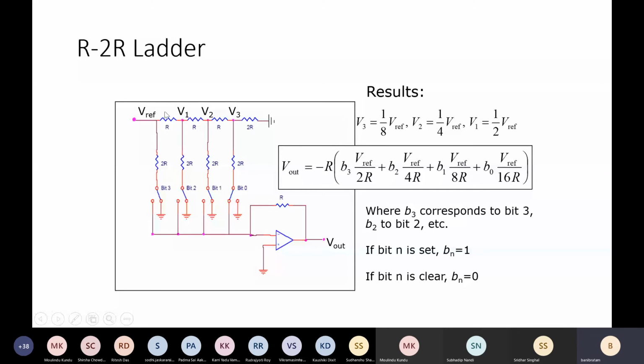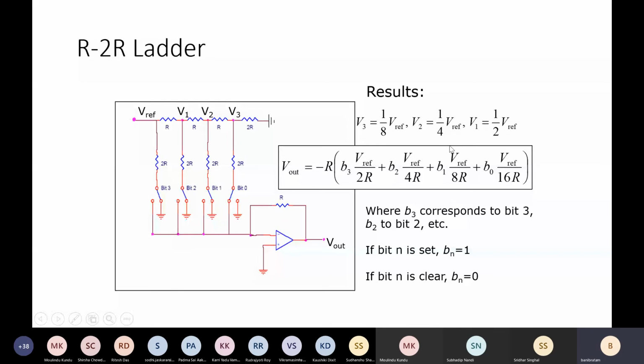So effectively, whatever voltage is generated over here, V1, V2, V3, is a fraction of this Vref. In the previous case of binary weighted resistors, we had Vref by 2 or Vref by 8 and so on, where Vref was fixed. But in this case, the Vref itself is getting changed to Vref by 2, Vref by 4, Vref by 8, like this. So here V3 will be Vref by 8, V2 will be Vref by 4, likewise.